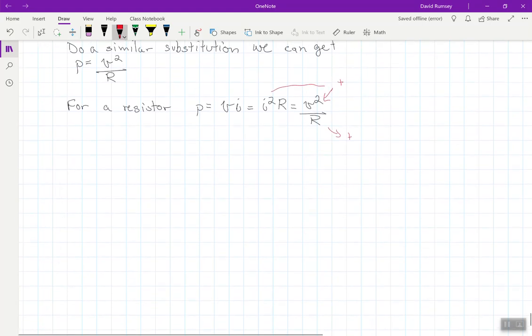So let's look at one more example here, a simple example with Ohm's law.